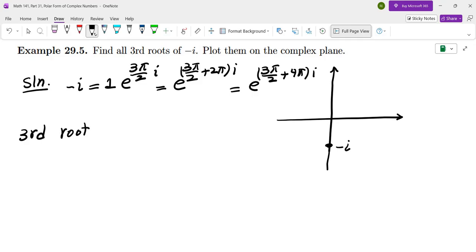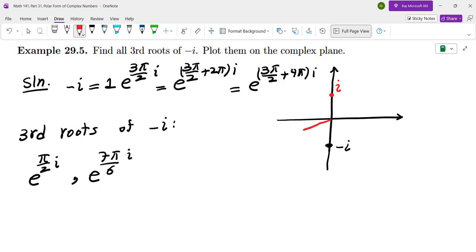So the third roots of negative i are going to be, the first one is e to the power of pi over 2 i. So we take the distance of 1 to the origin and angle of pi over 2. So it is in fact i. So that's one of the third roots of negative i. The next one, you have to take the angle, which is 7 pi over 2, and we'll have to divide that by 3. So we get 7 pi over 6. That would be an angle of pi plus pi over 6, so it is this one.